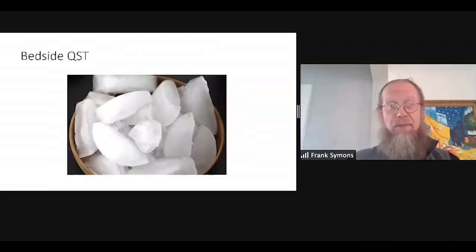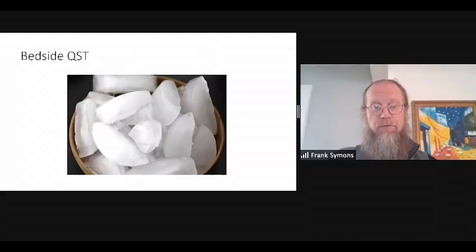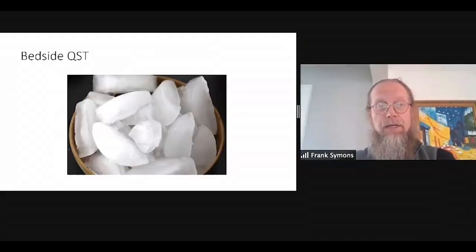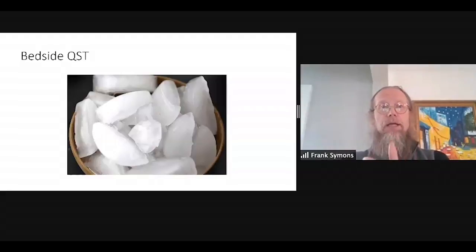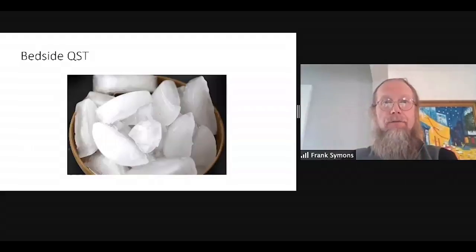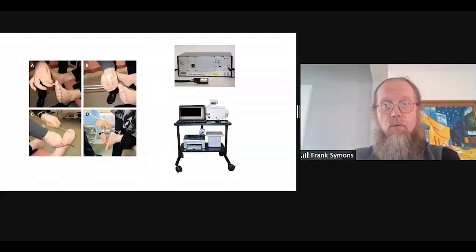So you can do bedside QST. If you go into an old-fashioned country neurologist, they might have you turn your head and use a Q-tip or a paper clip to poke different parts of you in relation to where you're experiencing pain, often chronic pain conditions, or ice, etc. There are more technical approaches using machinery.